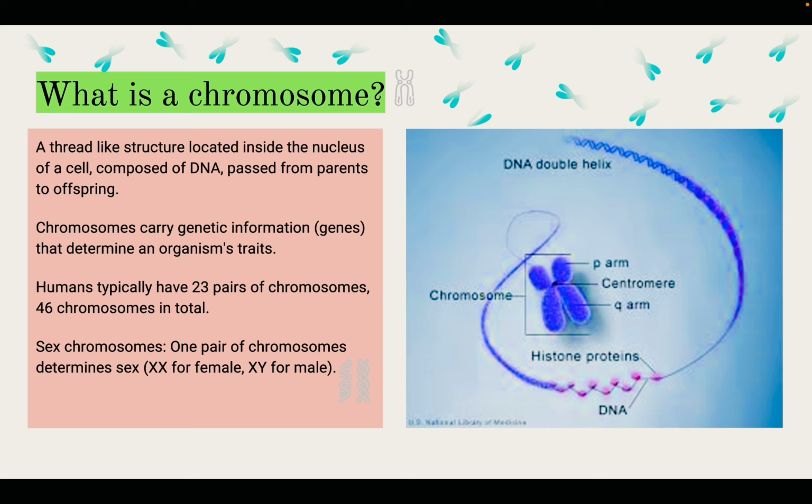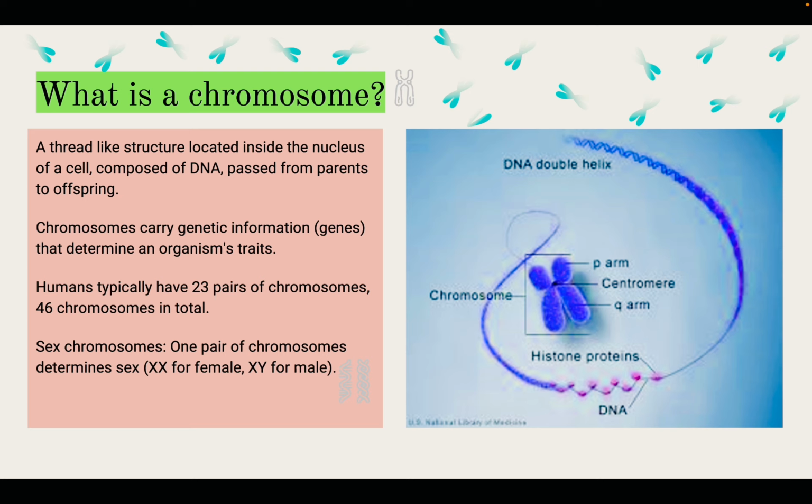So before we jump into meiosis, let's just go through what a chromosome is. And I'm sure most of y'all know what it is, and you've heard the word before. Basically, chromosomes are carriers for genetic information. They're like thread-like structures found in the nucleus, and they're made of DNA.